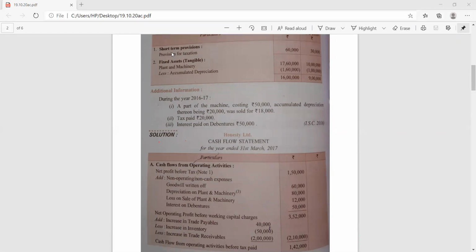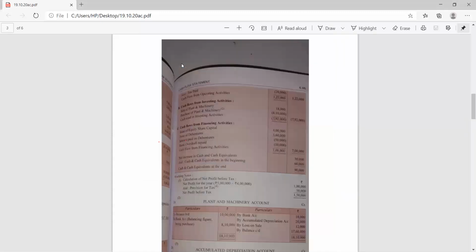But it has been sold for rupees 18,000. It means the firm is bearing a loss for this. So you have to put the loss as well. The loss on sale will be 12,000. Please mark in your books here: 50,000 minus 20,000 is 30,000, minus 18,000.